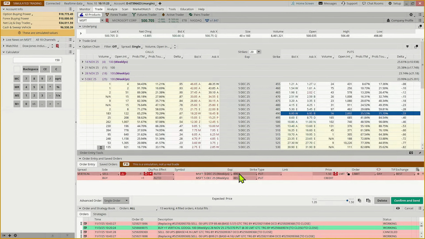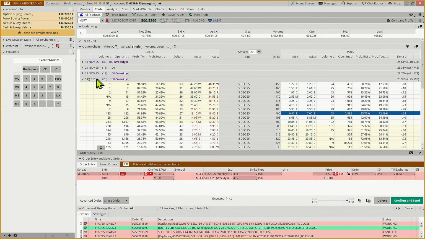I'm risking $5 minus the $1.50, so I divide 150 by 350, which is 42. And our rule of thumb, so we can do an apples to apples comparison, is: if we're in it for 25 days, are we getting at least 25%? And we're getting 42. So check box number 4.